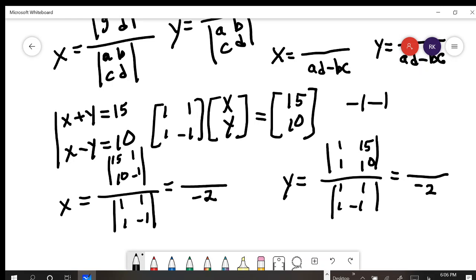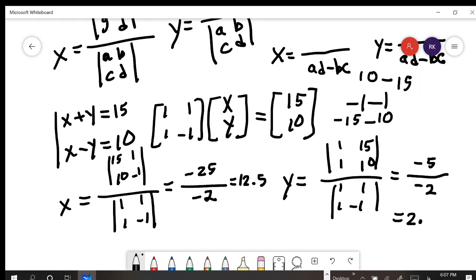So 15 times negative 1 is negative 15, minus 1 times 10 is 10. Negative 15 minus 10 is negative 25, and negative 25 over negative 2 is 12.5, which is exactly the same number we got before. And then for this one, the numerator would be 1 times 10, which is 10, minus 15 times 1, which is 15, so that's negative 5, and that gives 2.5.